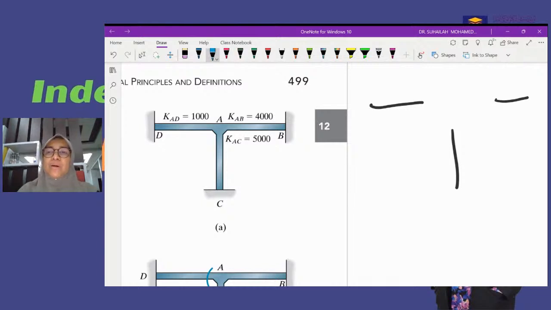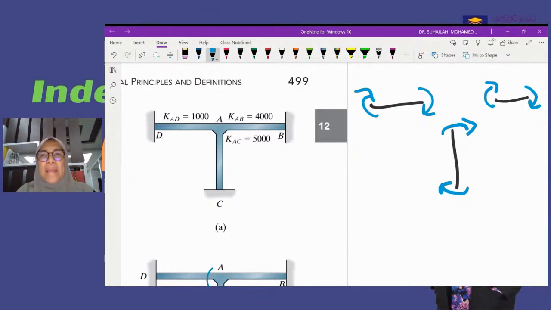So member end moment we label like this. For one element we will have two ends, and at each end there is a moment.